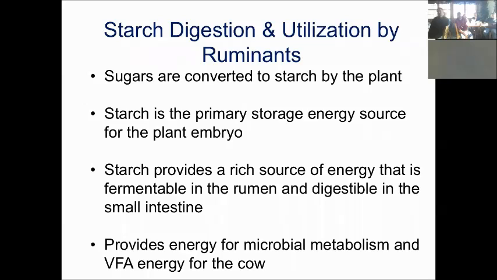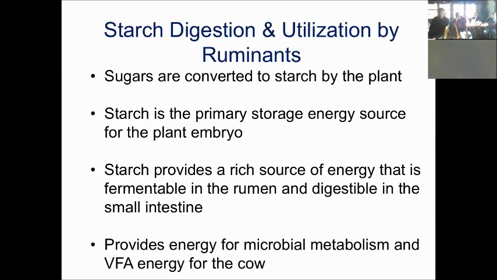You have to think about every corn kernel as a baby to the plant, and that baby needs this energy in order to germinate and grow. Unfortunately, sugars and water are not a very stable product, whereas starch is much more stable. And so the plant is converting these sugars and water into starch as that primary energy source for the embryo.